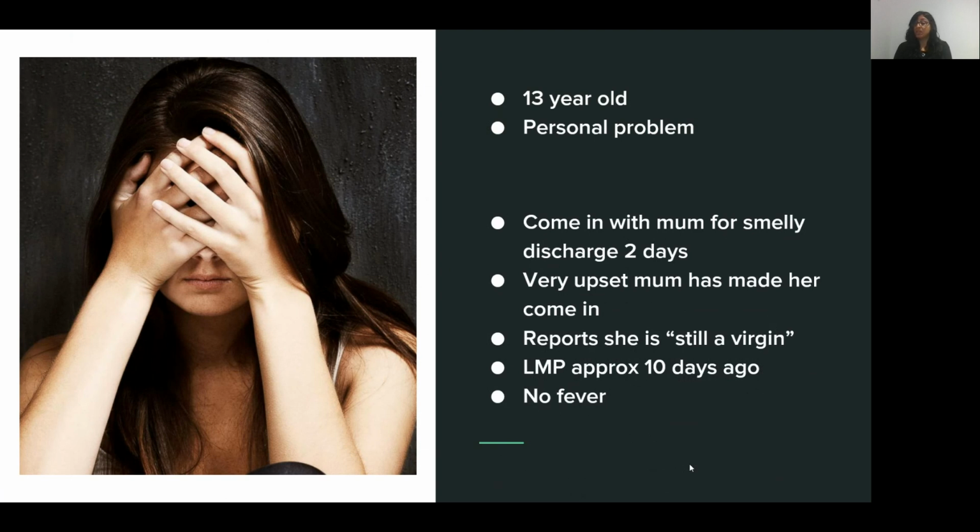In an adult, maybe I'd be a bit more likely to say, I'm not 100% sure, we'll just get some bloods. But the bloods will take a couple of hours to come back. And actually, if she's well, her inflammatory markers will be slightly raised, but would you necessarily treat her with antibiotics just for raised inflammatory markers if she's not actually unwell?